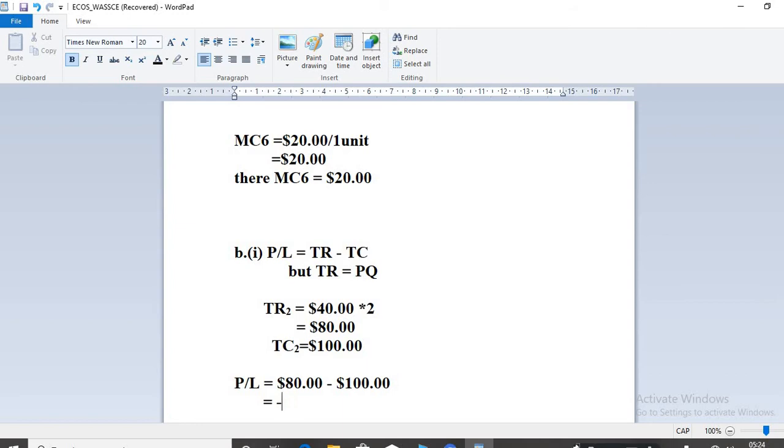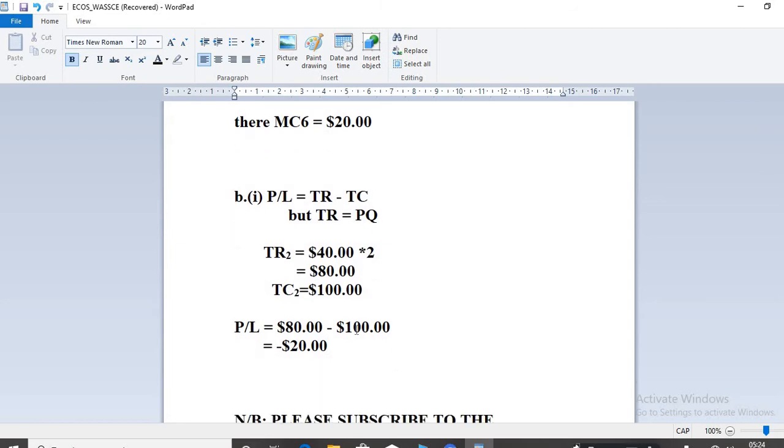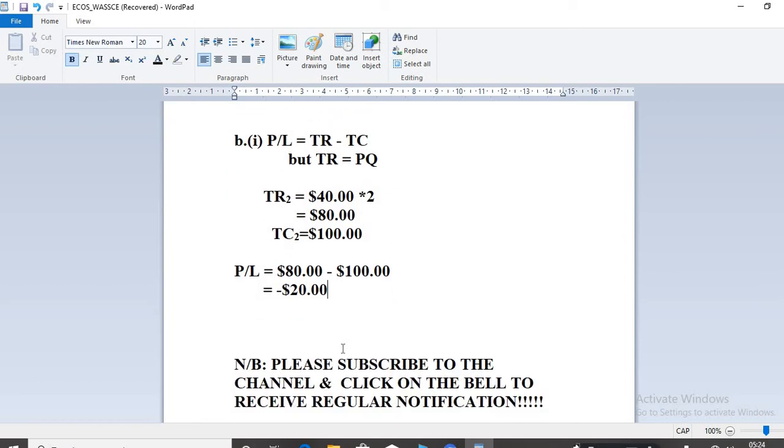So minus $20. The firm is making a loss of $20 whenever they sell 2 products. So you have to bring the negative sign.